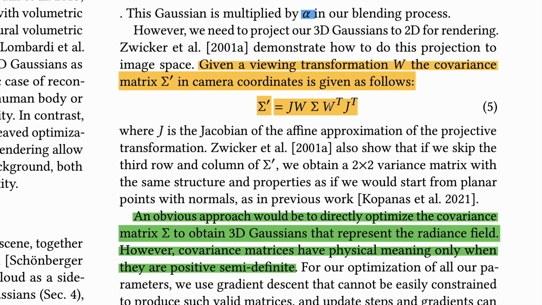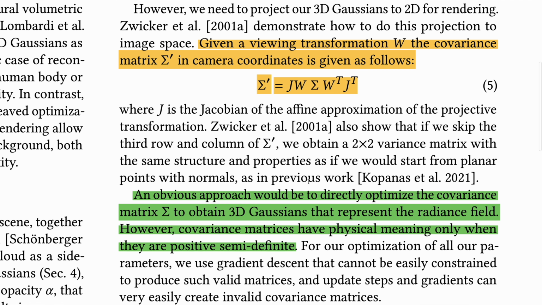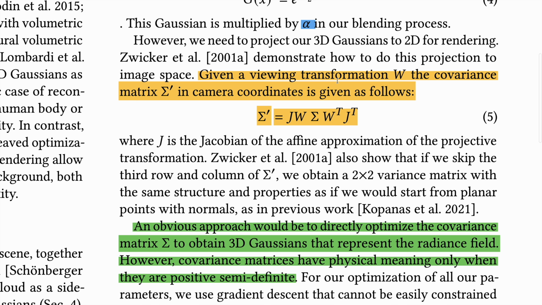W is the view transformation, the world-to-camera transformation. And J is the Jacobian of the perspective transformation, so basically the Jacobian of the rasterization transformation, projecting everything to the screen. So it will depend on the intrinsic parameters of the camera, its focal length. W will depend on the extrinsic parameters, the camera position and rotation. Okay, so they say that obviously one of the parameters of the Gaussians is the covariance matrix that we need to learn per Gaussian.